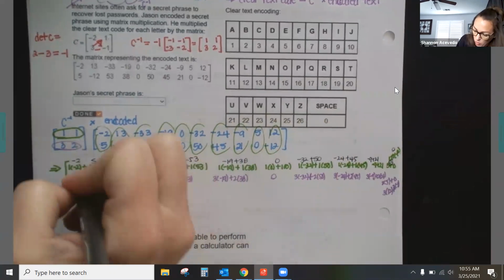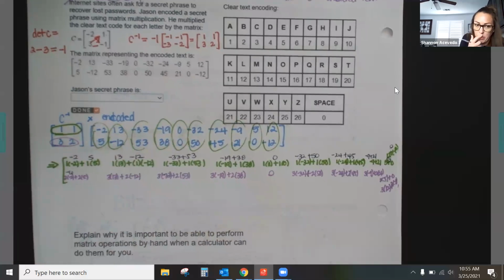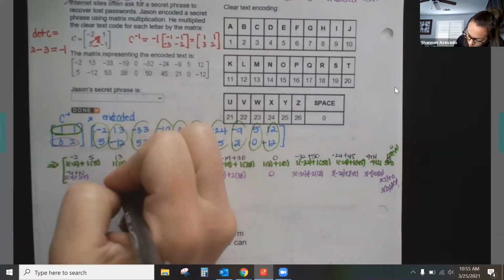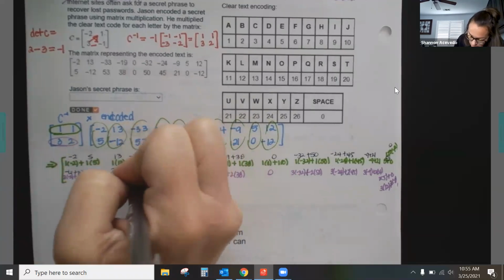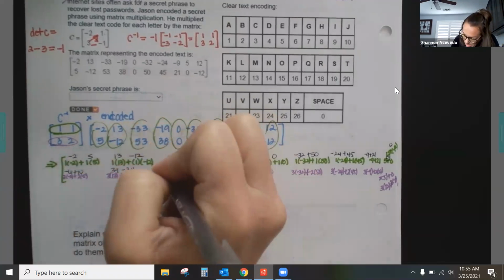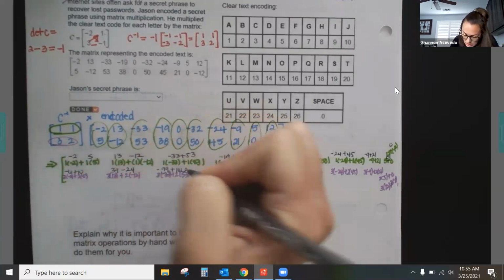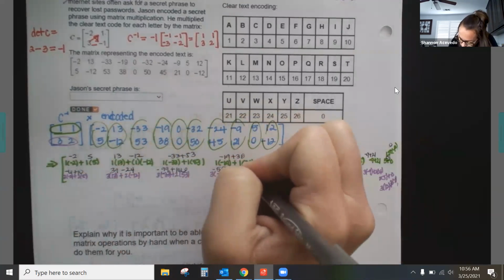My next row is going to be negative 6. So this one takes a little bit more work. Negative 6 plus my 10. This is going to be 39 minus 24. This is going to be negative 99 plus 106. This is going to be negative 57 plus 76.